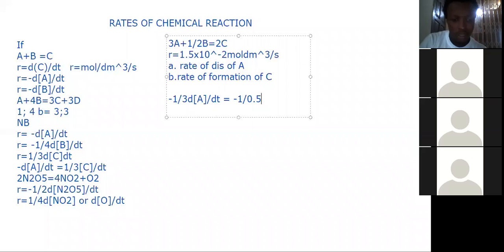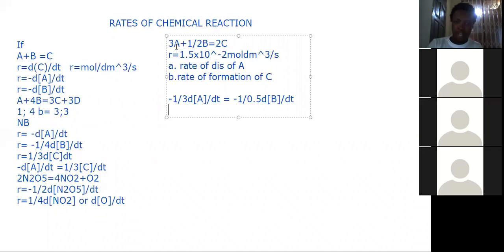So the dB all over dt. We've been given this, the disappearance of B, and we've been asked to find for that of A. So we can equate both of them. Equating both of them using their rates, we can equate the rate of this to that of this.